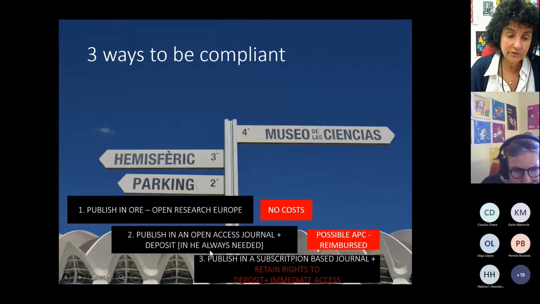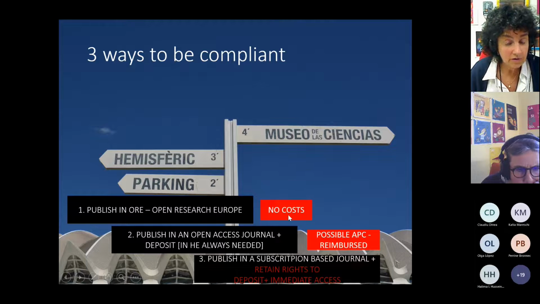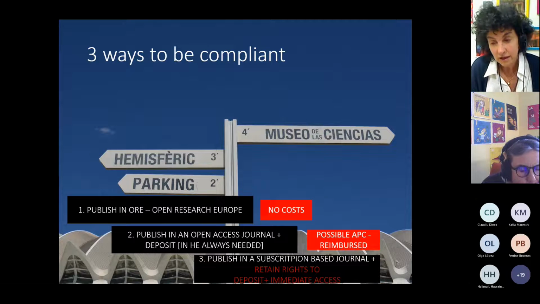If you go for the first option, publishing in Open Research Europe, there are no costs for you. If you go for an open access journal, and as I was saying, you go to the Directory of Open Access Journals, there might be APCs because 31% of open access journals require an APC, but you will be reimbursed, okay?